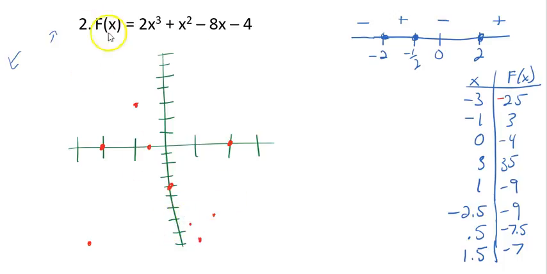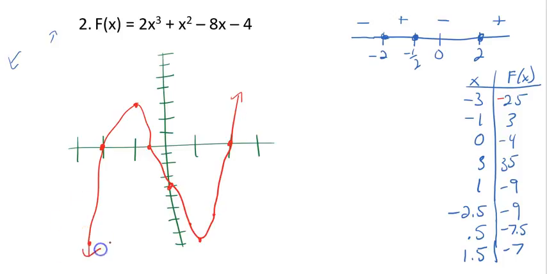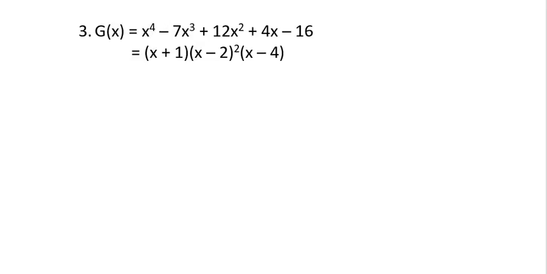And now I can connect, and it should follow all the rules that I have decided that it should. And doing the best I can, it's a little bit sketchy, but you probably can do a little better with some graph paper. And there's our graph.